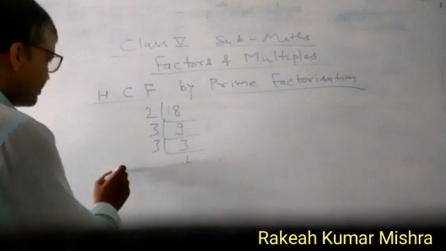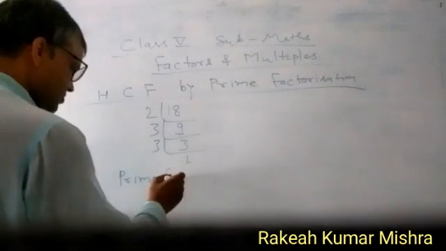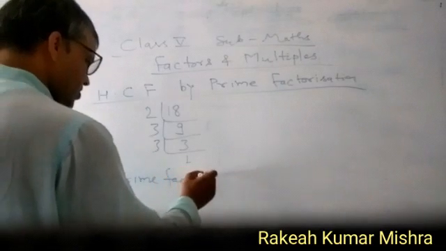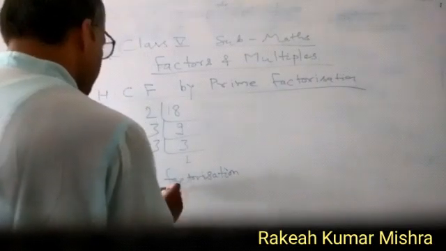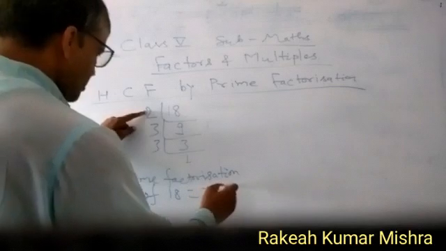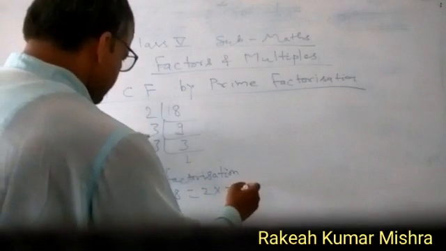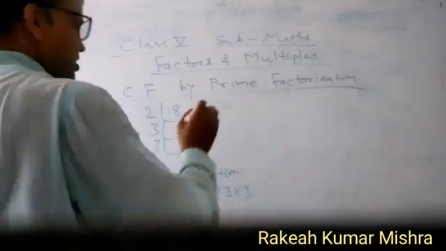Here we write prime factorization of 18 is equal to 2 into 3 into 3, and you know 1 is not a prime number.